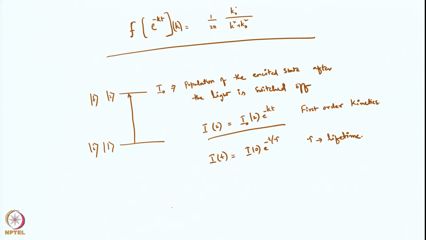In such a scenario, you have to understand one thing: when you have an exponentially decaying function, you can get a Lorentzian function as a Fourier transform.